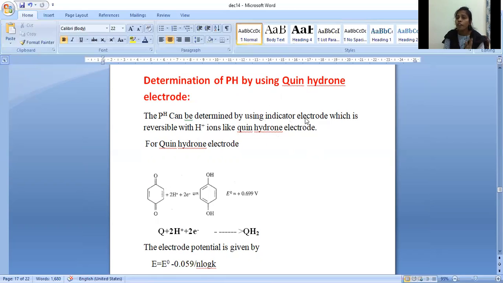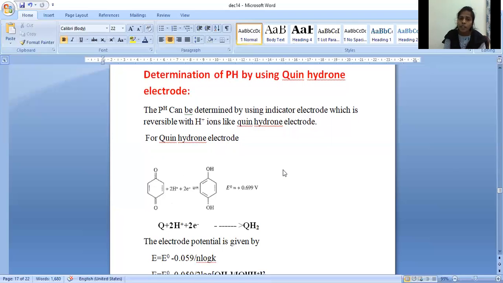That means when we add quinhydron a pinch in the acid, quinone converts to hydroquinone and hydroquinone converts to quinone by gaining or losing H plus ions. So the quinhydron electrode is reversible with H plus ions, and we are finding the pH by using it.